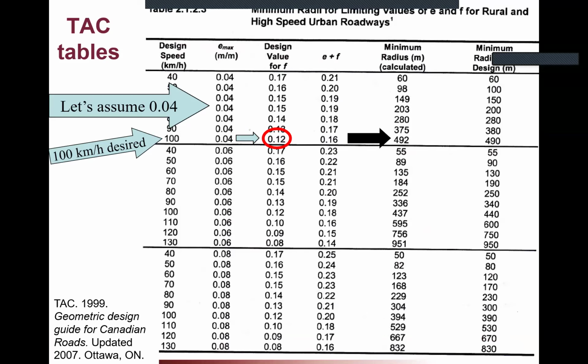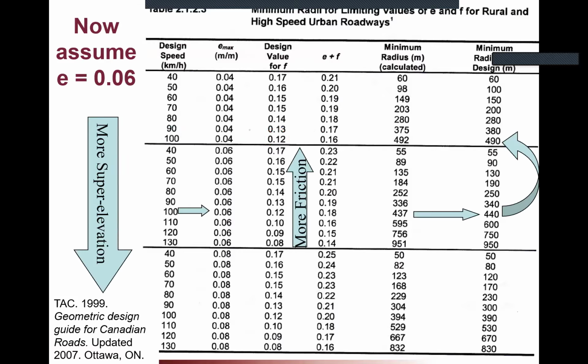So, for example, if we are designing for 100 kilometers per hour, and we have a super elevation of 0.04, that is 4%, and my friction is 0.12, then my minimum radius of curvature is 492 meters. As the super elevation increases, this, in addition to the coefficient of friction, gives you an overall bigger denominator that allows you to drop the radius of curvature.